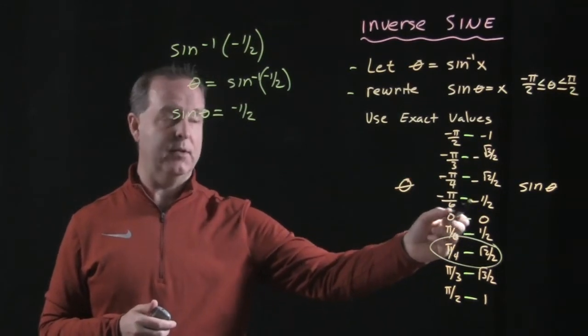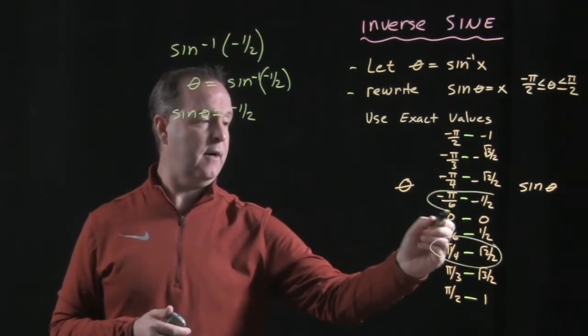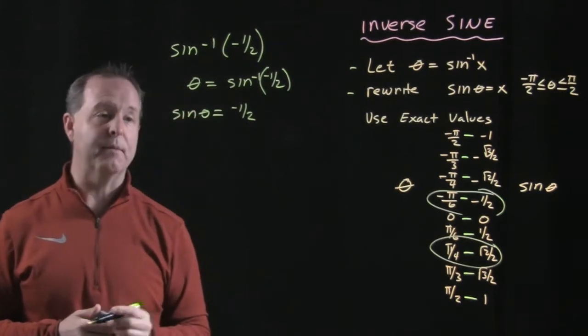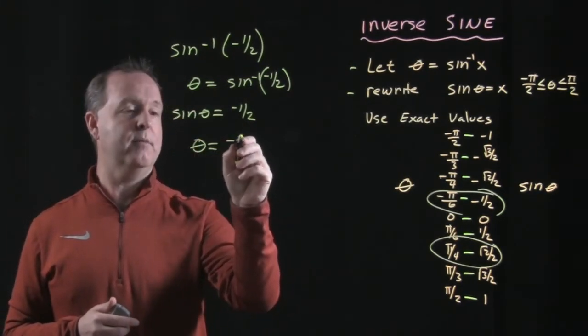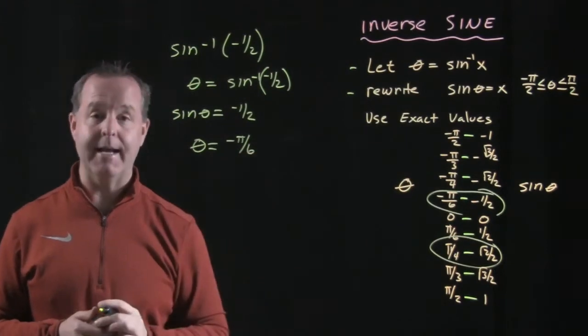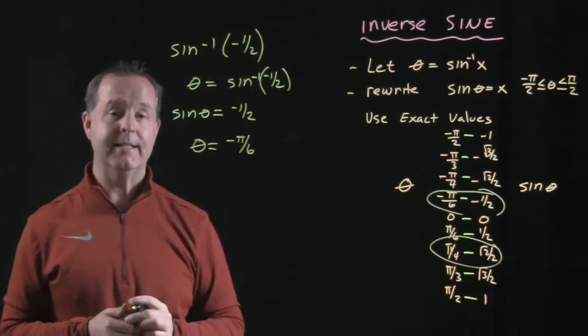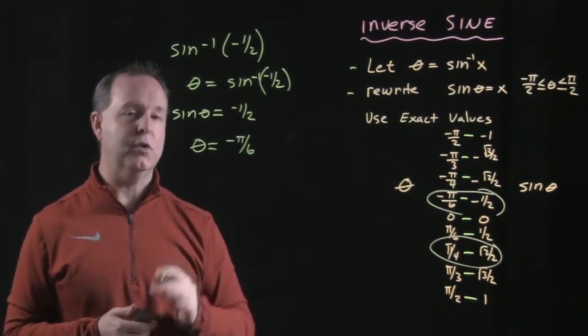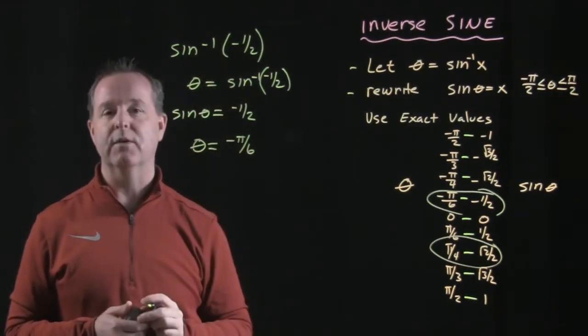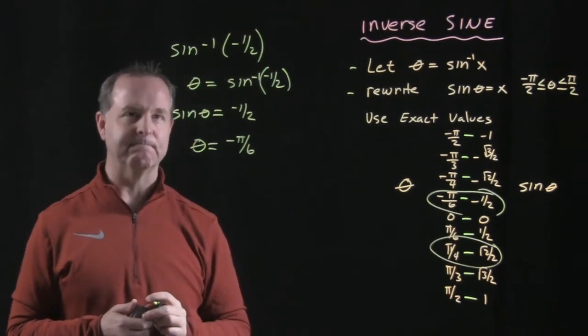What's the angle that produces that? It's right there. The angle that produced that was the measurement -pi/6. So -pi/6 is my solution to the angle of this original inverse sine.